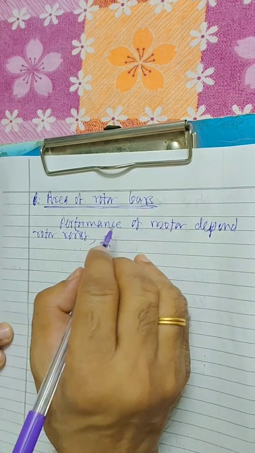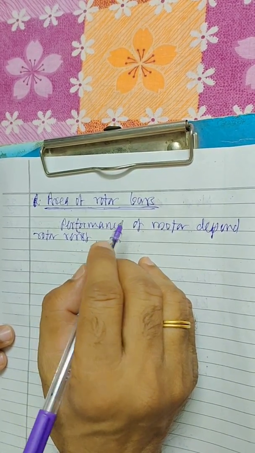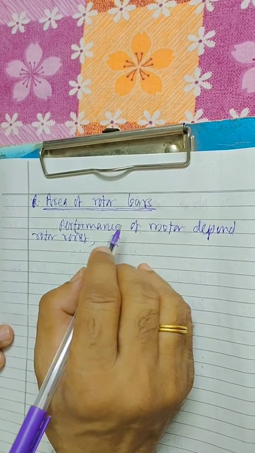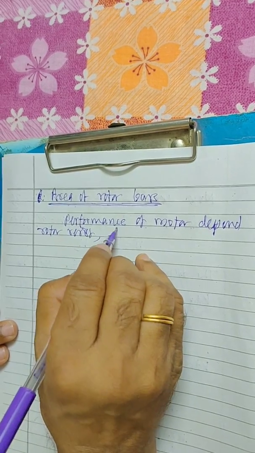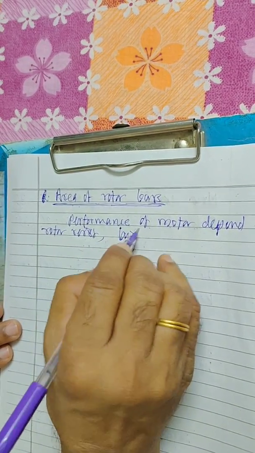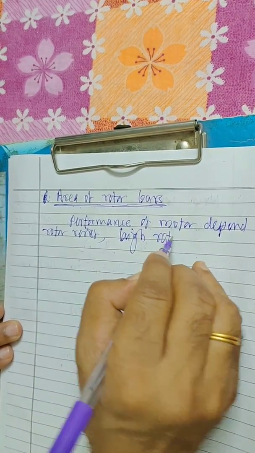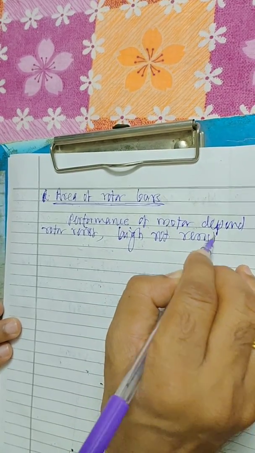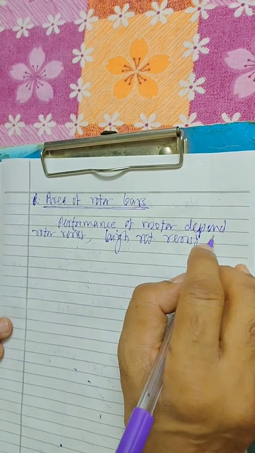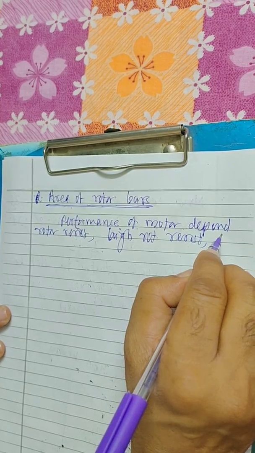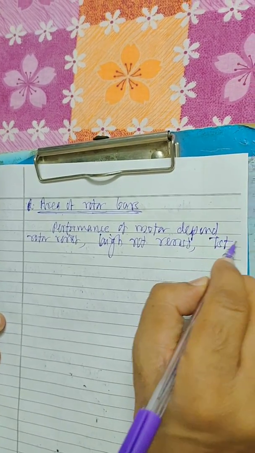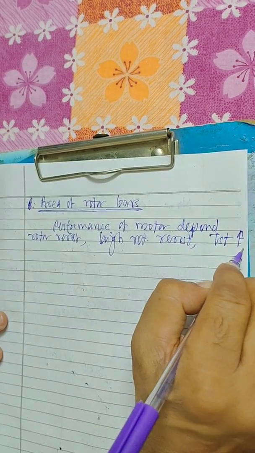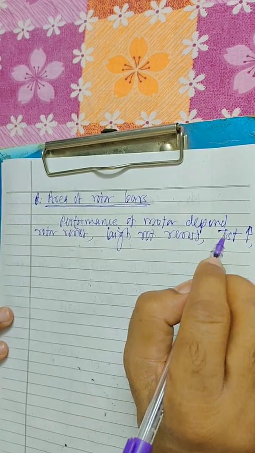So if rotor resistance is comparatively large, high rotor resistance, its starting torque TST is increasing.